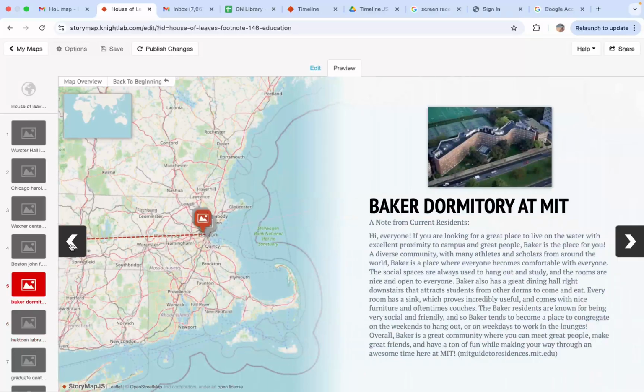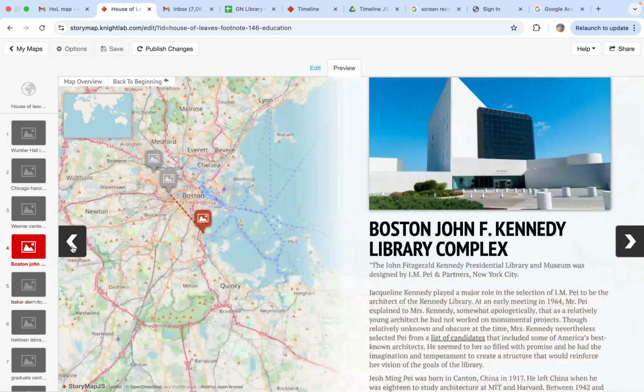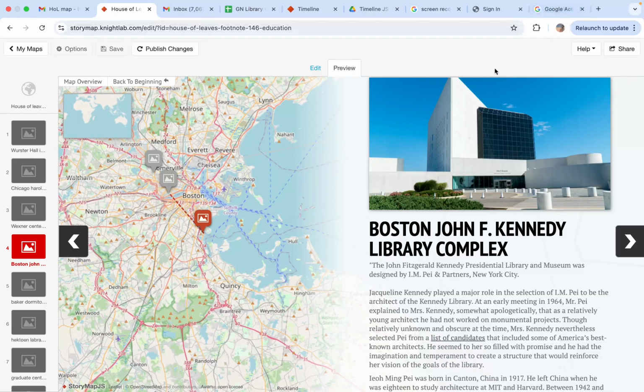Although I did notice, looking at doing this research, that some of these buildings were designed by Chinese or Japanese firms. So take that for whatever it's worth. Thank you for watching, and I'm going to figure out how to stop this recording so you can close the window. Thanks for your time.